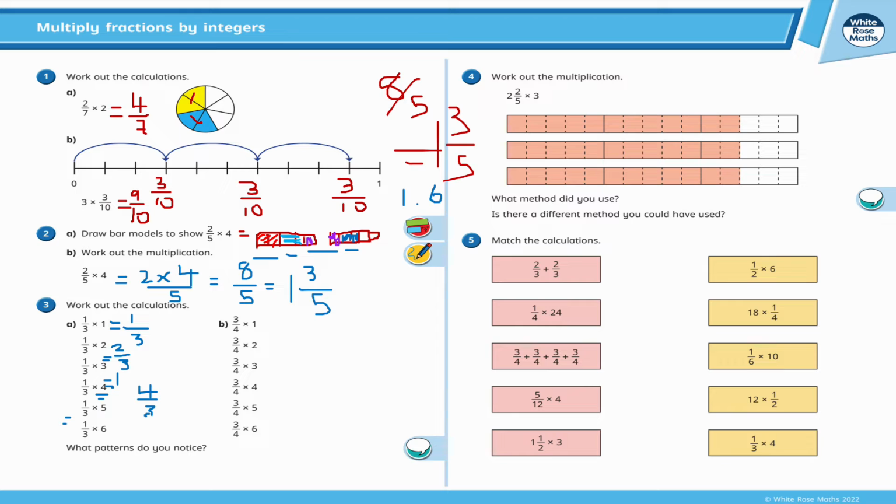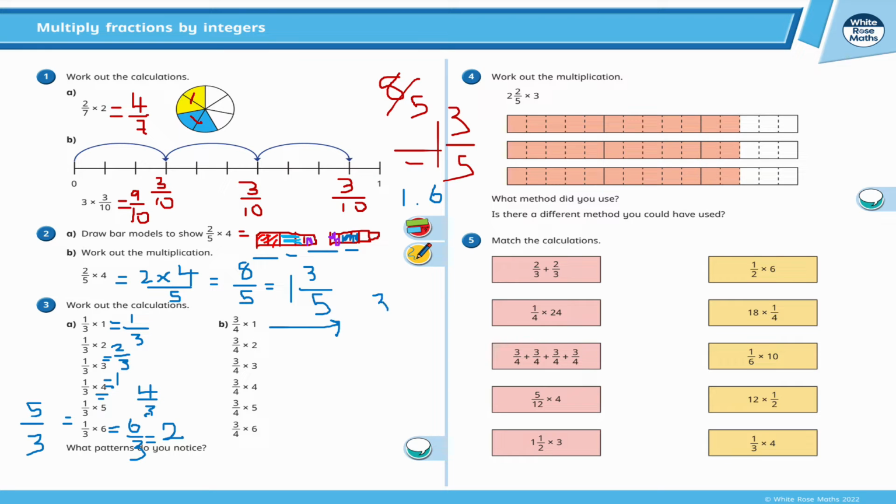A third times 5, well, the answer becomes 5/3. I multiply the numerator by the whole number. Next one, 1/3 times 6, well, I get 1 times 6, which is 6. I get 6/3, which simplifies to 2. For part B, 3/4 times 1, so we'll do it over here.